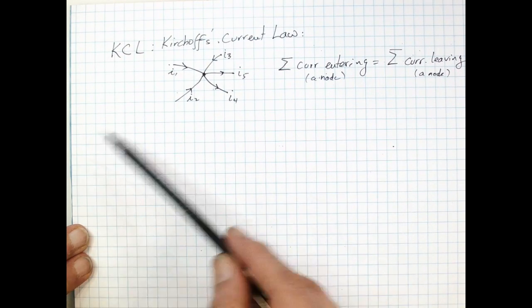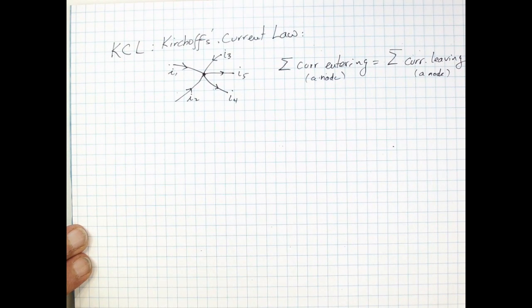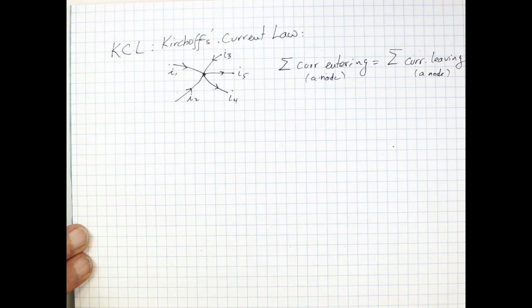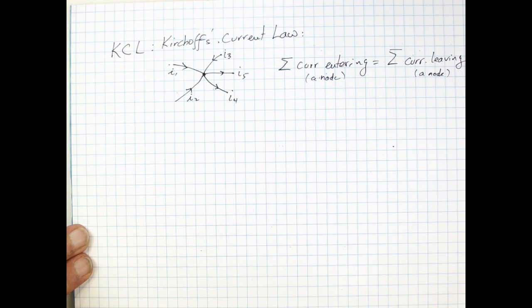So whatever enters must leave. Nothing accumulates at a point. And the same thing happens in electricity. If current flows in from different branches and enters a particular node, it will have to leave along some other branches. So the sum of the currents entering a node is equal to the sum of the currents leaving a node.